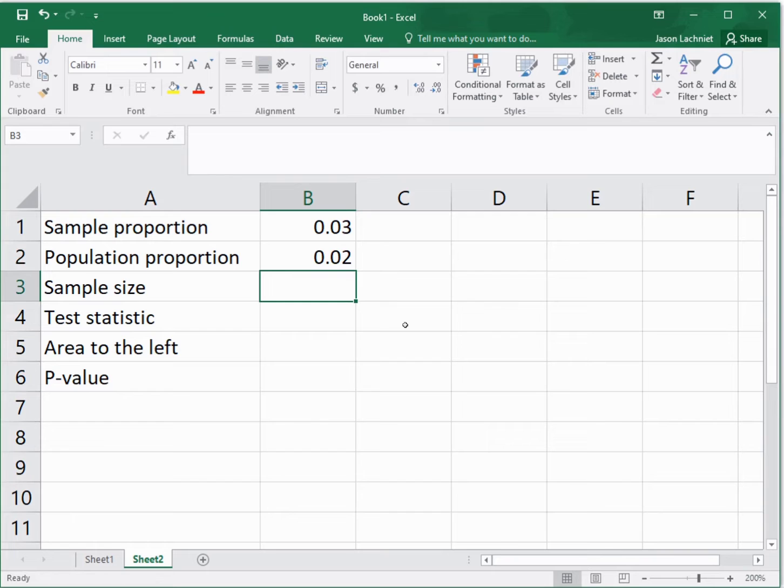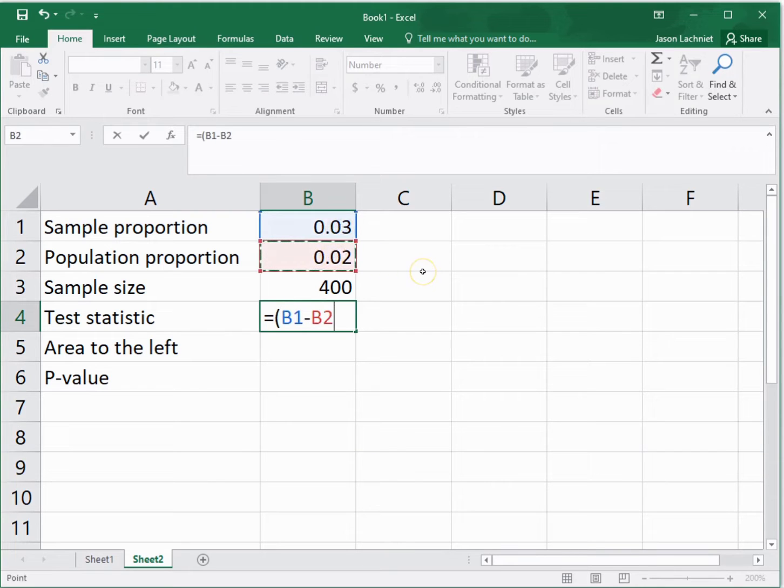Our sample size was 400. And now based on those values, we compute our test statistic. So I'm just going to do the computation here, beginning with an equal sign. Parentheses for the numerator, it'll take the form p hat minus p, sample proportion minus population proportion, B1 minus B2 are the cells in question.